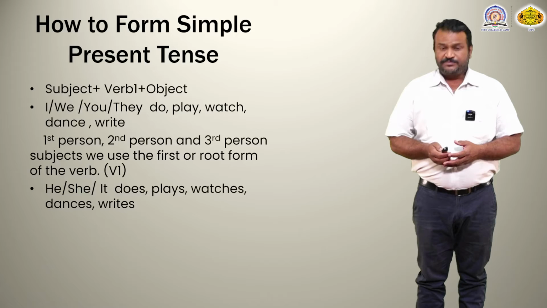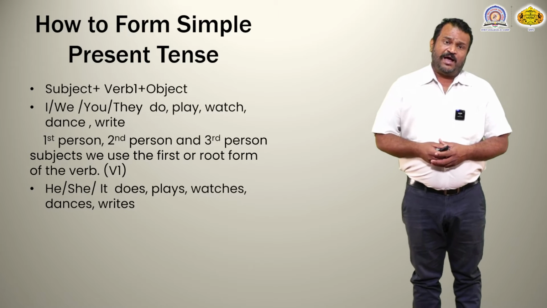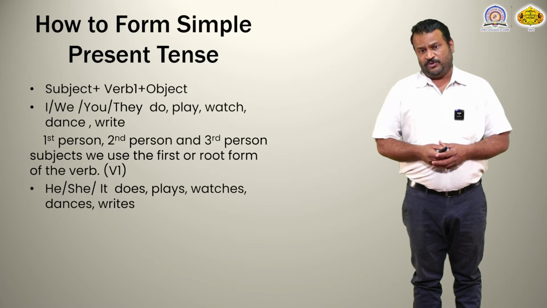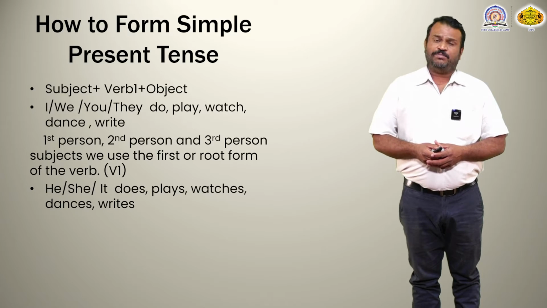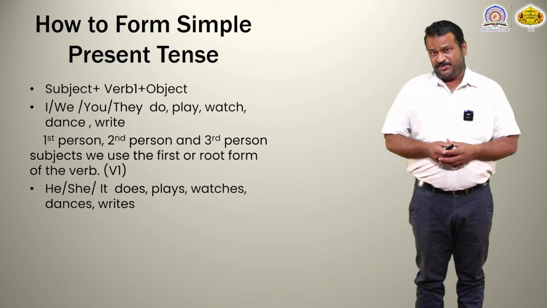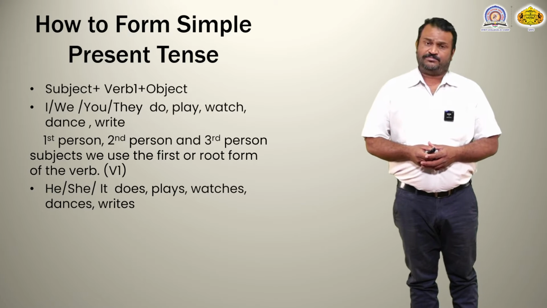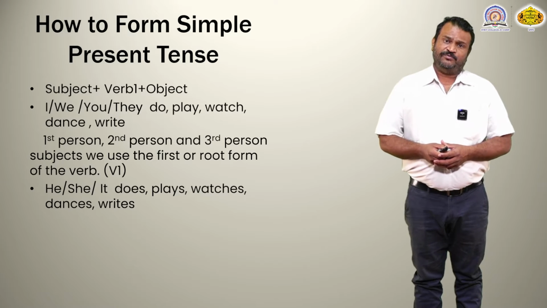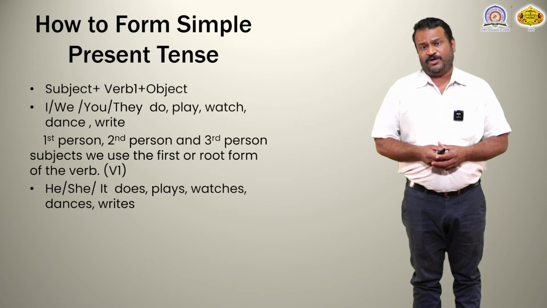And now how simple present tense is formed? There is a simple rule. Subject plus verb 1 plus object. 1 means the base form, the root form of the verb. We shall call it verb 1.